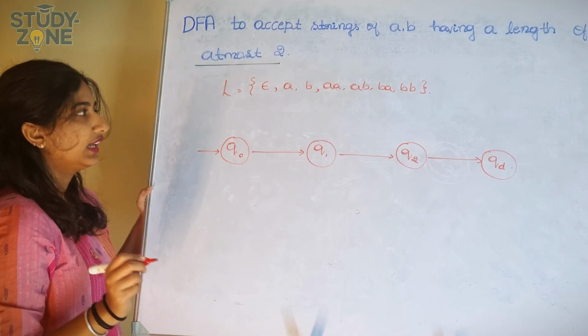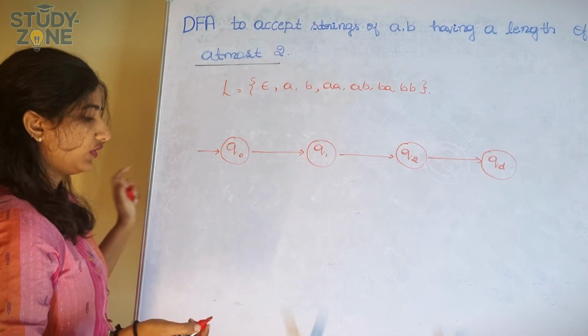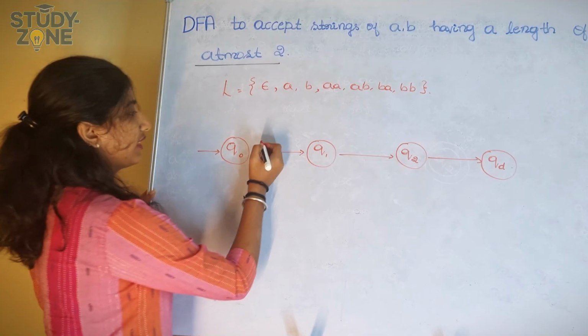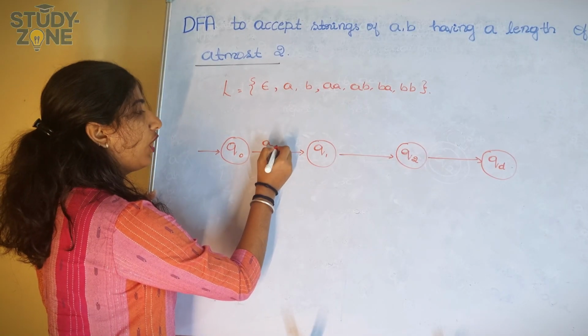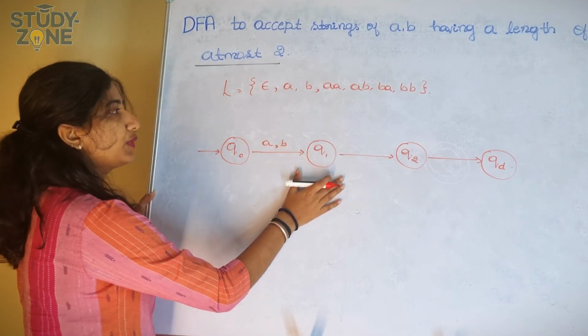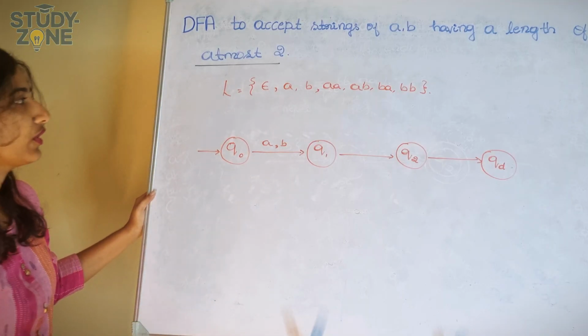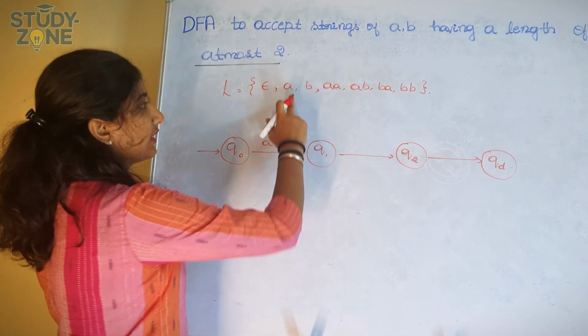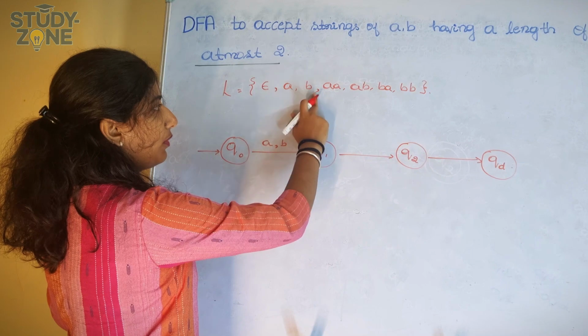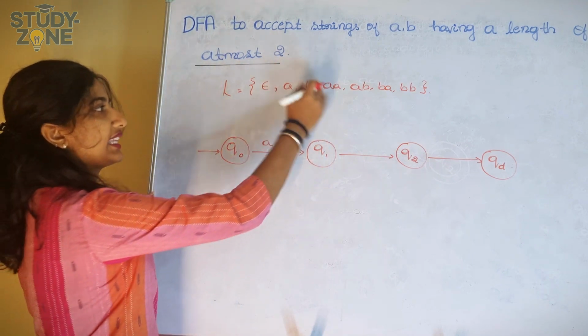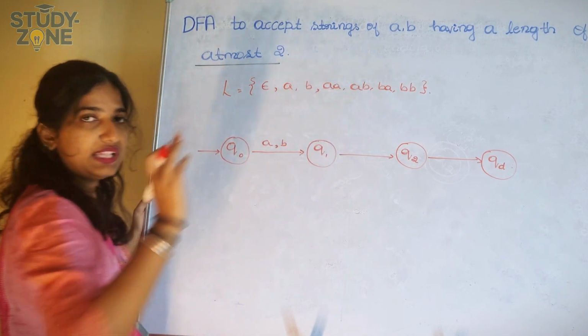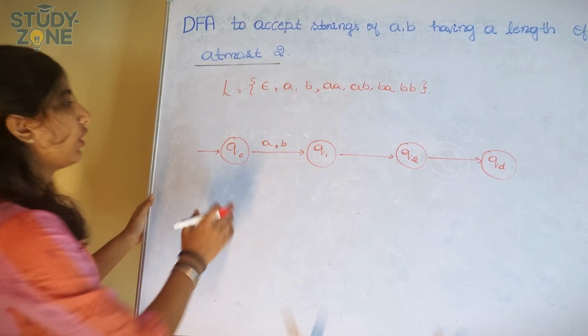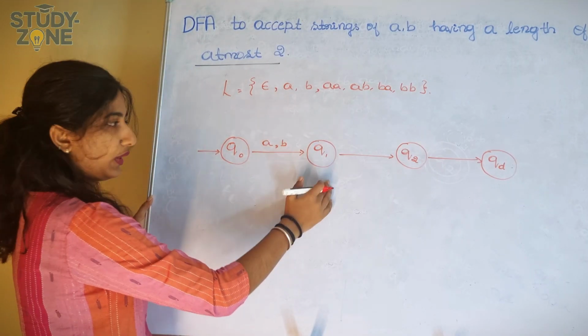Now Q0 on A or B: what to do? If Q0 gets input symbol A or input symbol B, it moves to Q1. Why? Because we have no restriction that the starting symbol should be A or B. We can have the starting symbol as A, or as B. So Q0 on A or B moves to Q1.